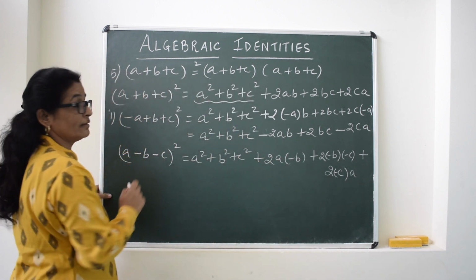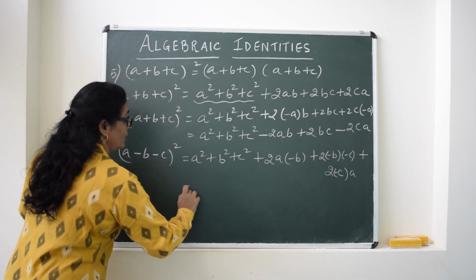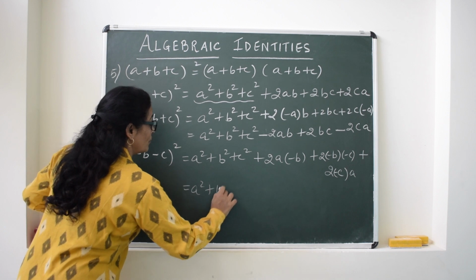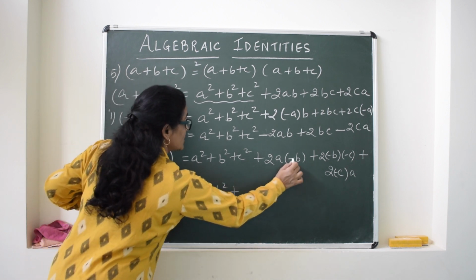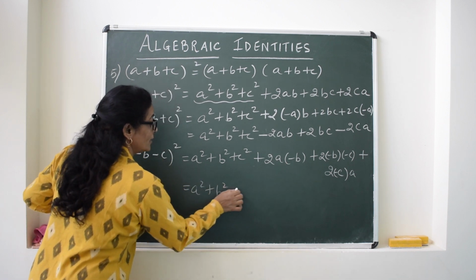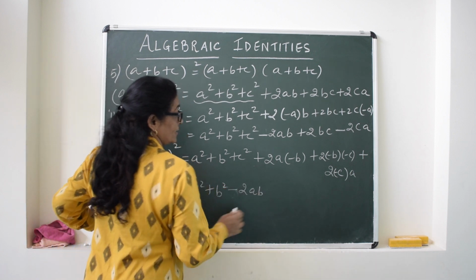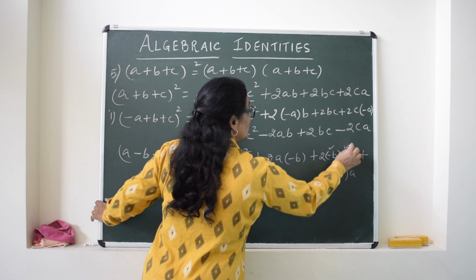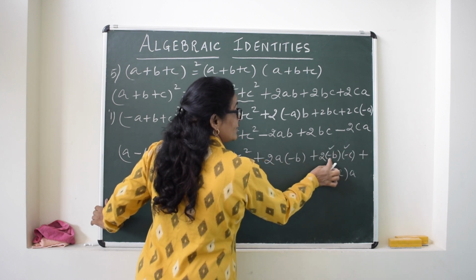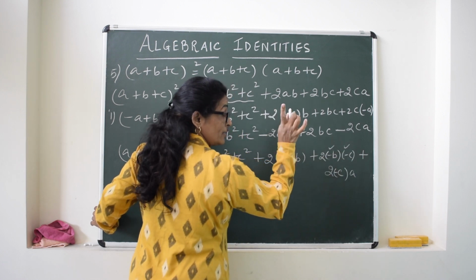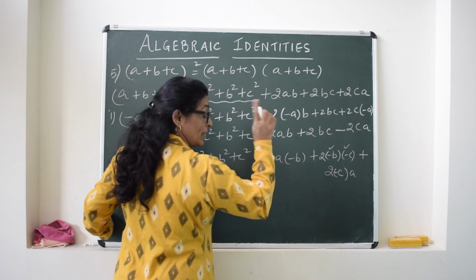Now if we write the expansion, this will be a square plus b square. Now plus and minus will make this term negative. So this will be minus twice ab, but in this term both are negative, so minus into minus will be plus.